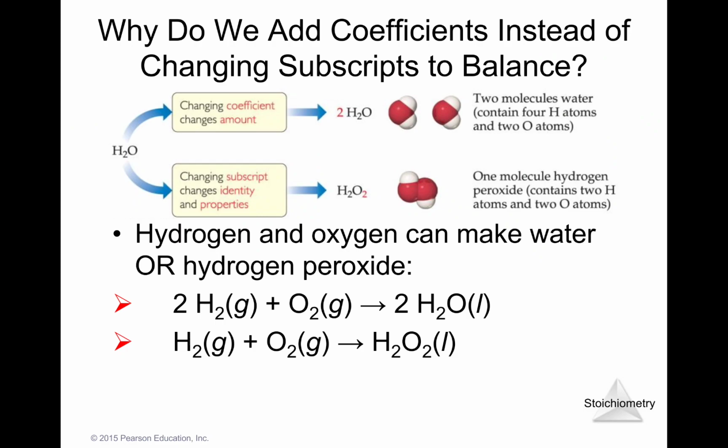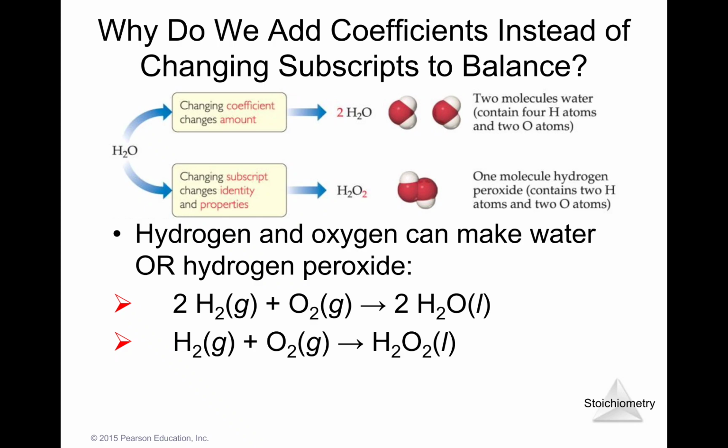So why do we use coefficients instead of changing the subscripts? Well, the subscript is actually telling you what the composition of the molecule is, what the composition of the unit is. So when we have H subscript 2O, we're saying that there are 2 hydrogens in every molecule of water.